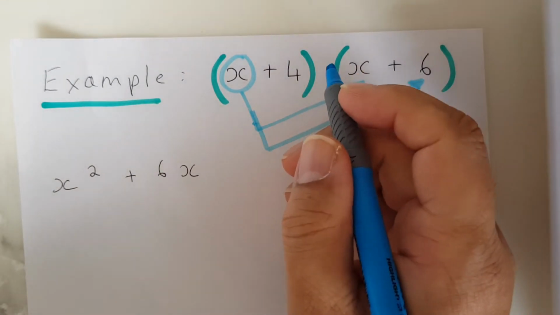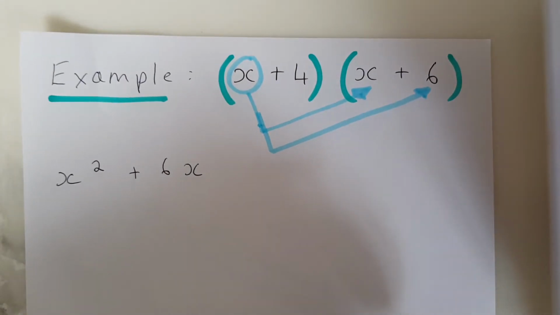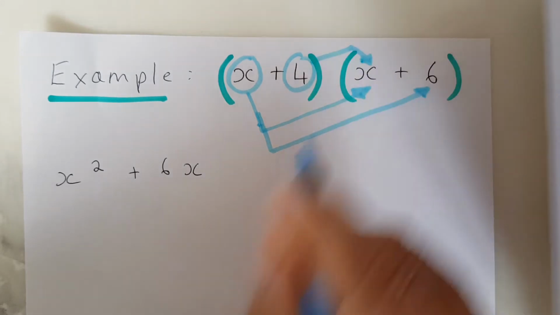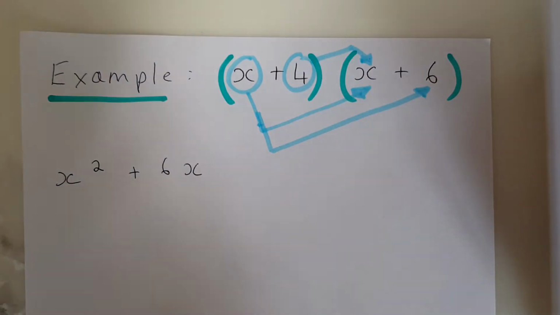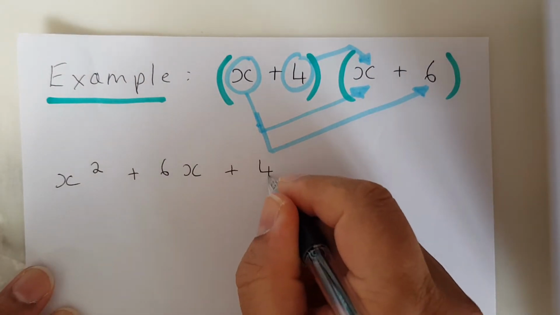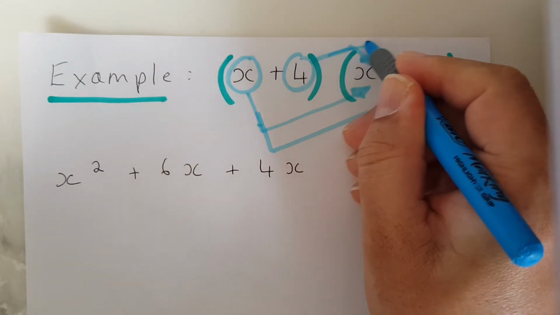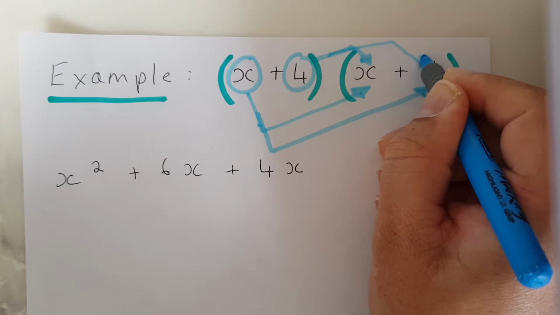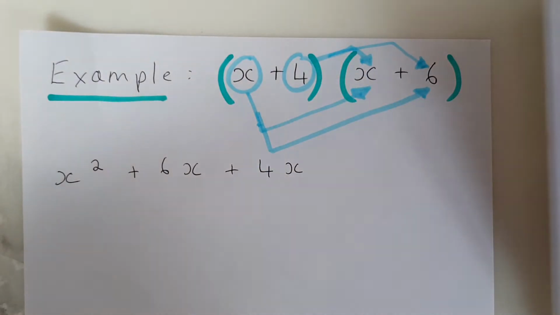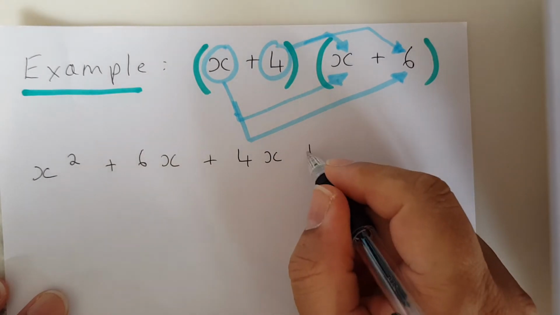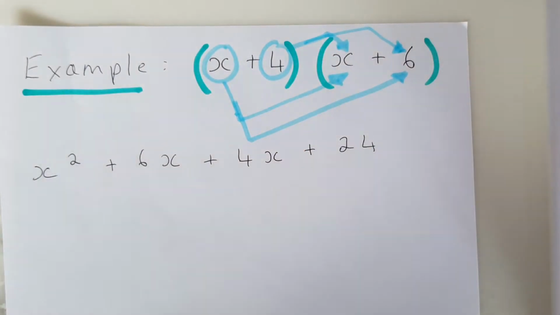Then we do 4 multiplied that by x, which is positive, plus 4x, and then finally we do 4 multiplied that by 6. Okay, so 4 multiplied by 6, so positive is 24.